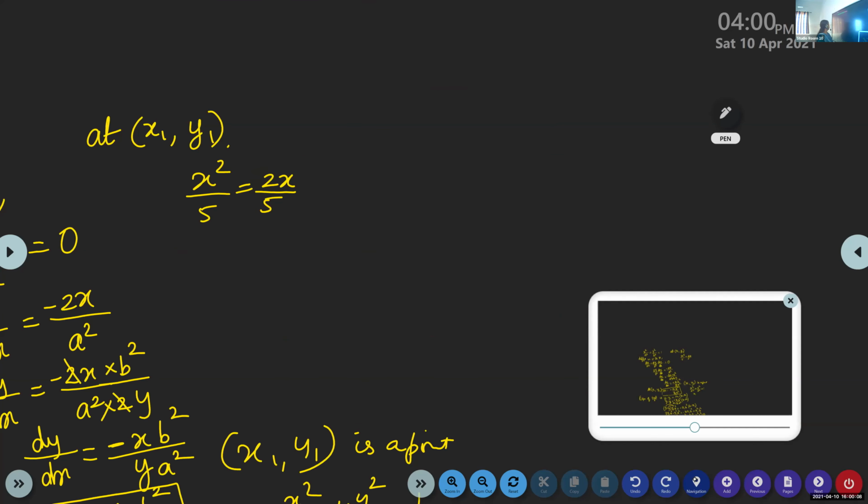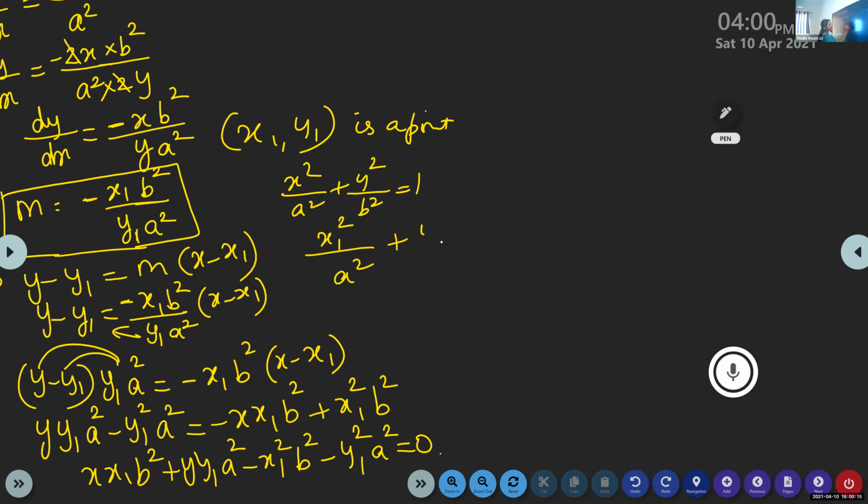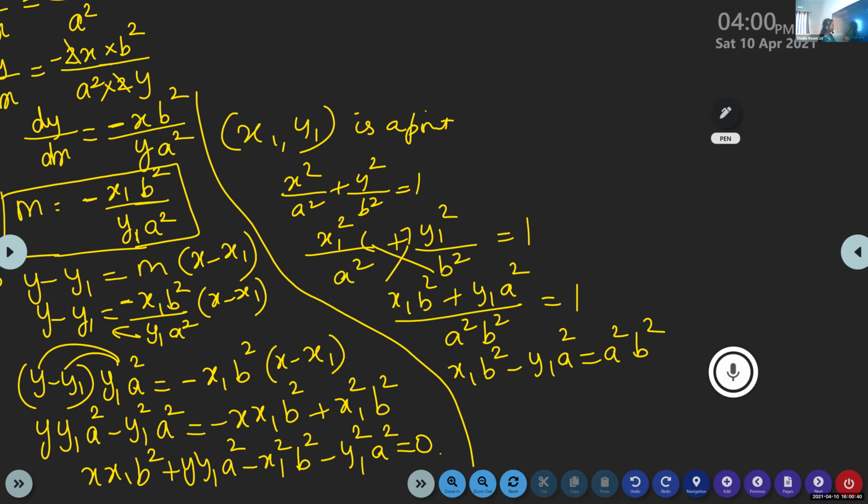So we will get x1 square by a square plus y1 square by b square is 1. When you cross multiply this, x1 square b square plus y1 square a square by a square b square is 1. That is, x1 square b square plus y1 square a square is a square b square.